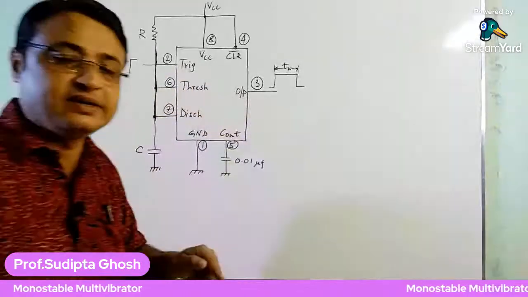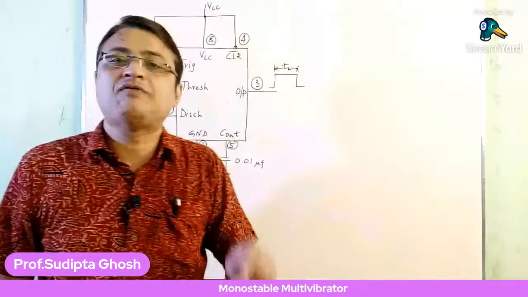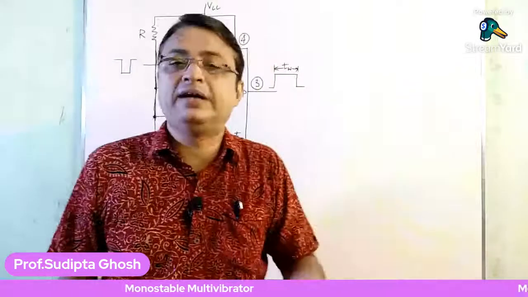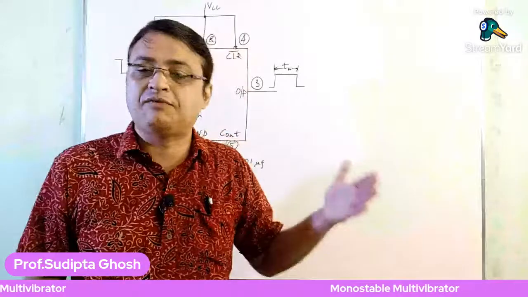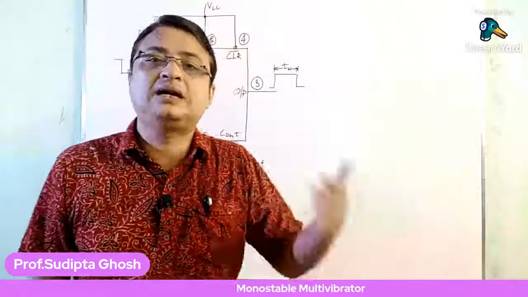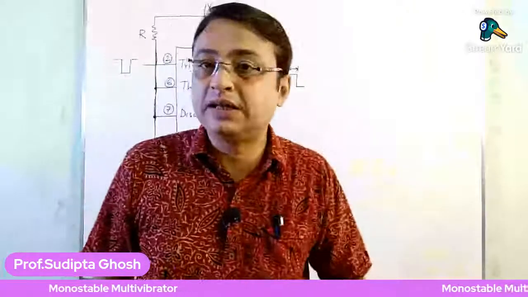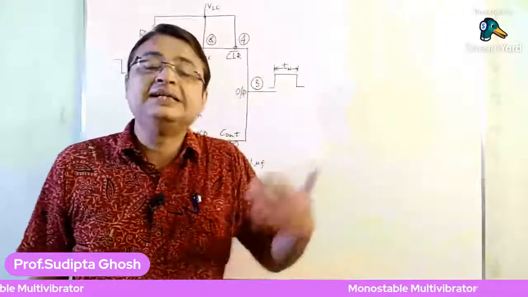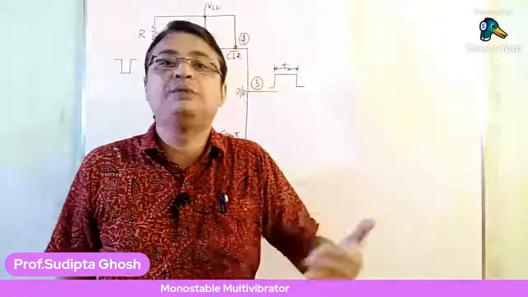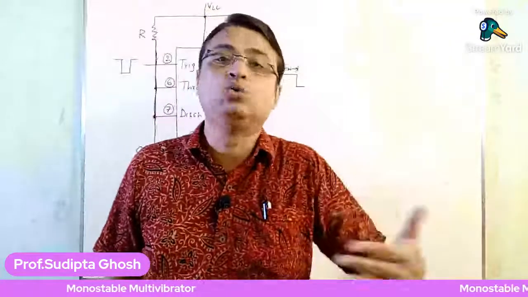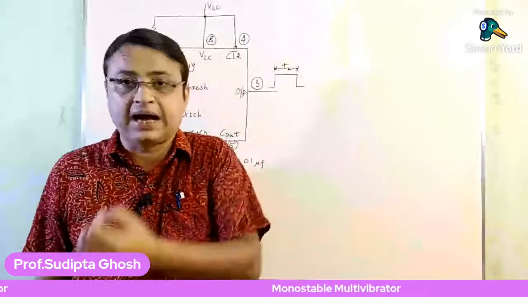And in our last lecture, we have already discussed that when the threshold input voltage is higher than 2/3 VCC, then the threshold comparator goes high.